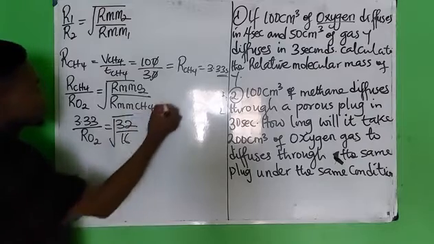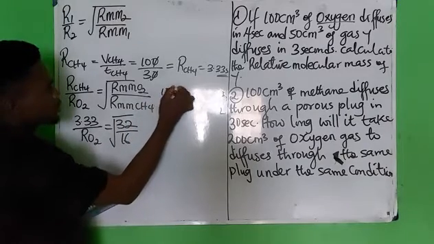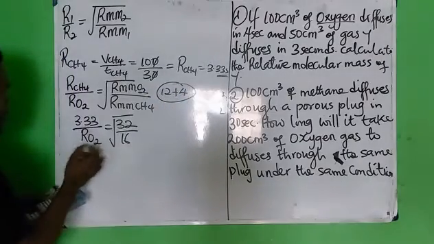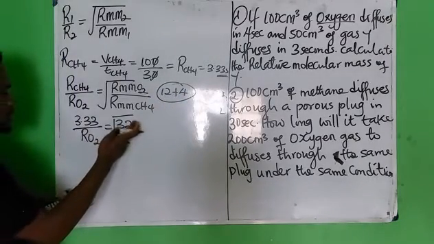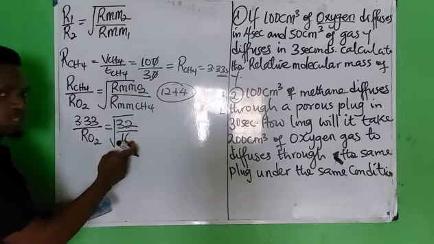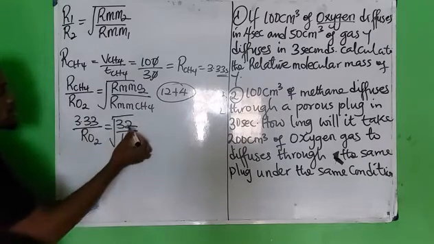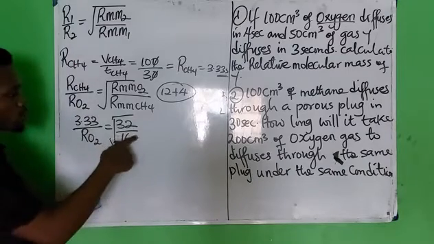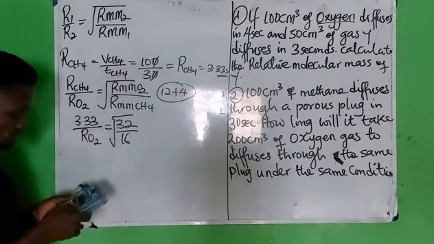Don't forget your square root. It is 16 because carbon is 12 plus 4. So you have 32 divided by 16, which is 2. The square root of 2 should be 1.414, right?